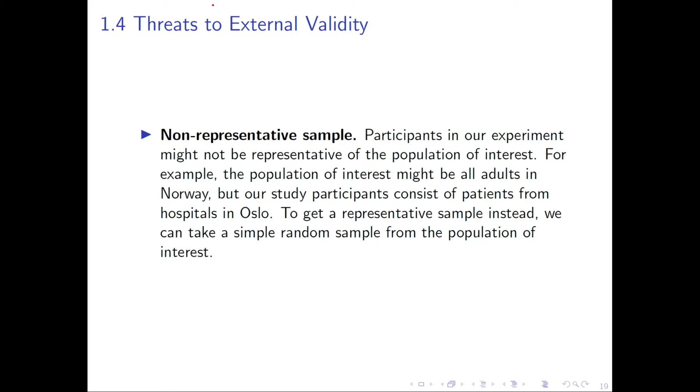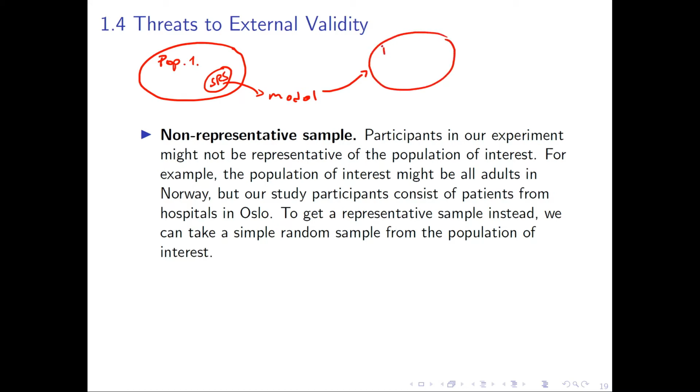For example, if you have a population, say population 1, and you take a simple random sample and you estimate a model, and you want to use this model on a different population, right?